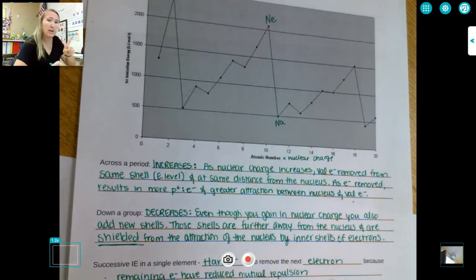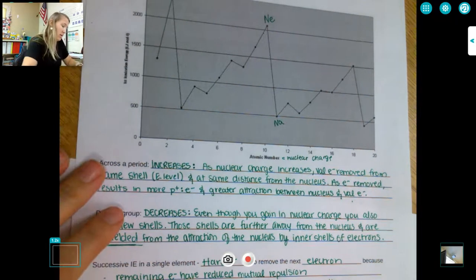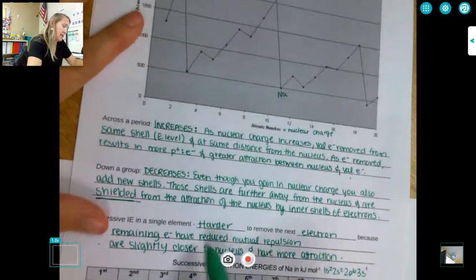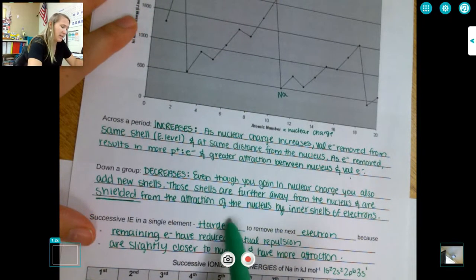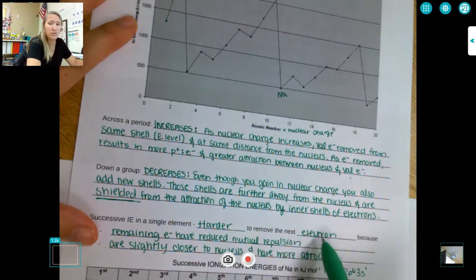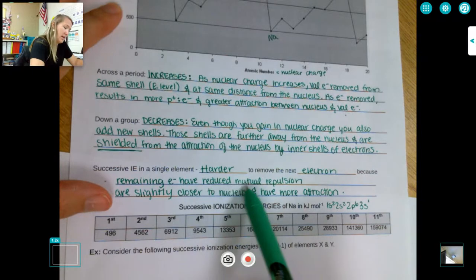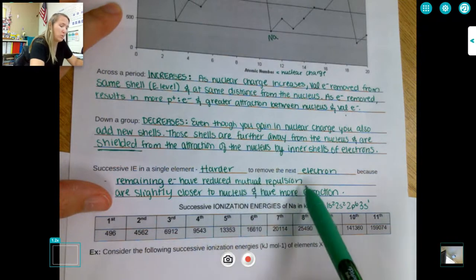Now, if I had one element and I started successively pulling off electrons, what would that chart look like? Well, we can understand that in a single element, it's going to be harder to continue to remove the next electron because the remaining electrons have reduced mutual repulsion, right?